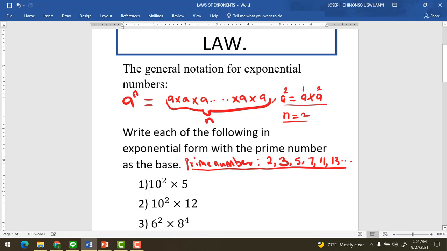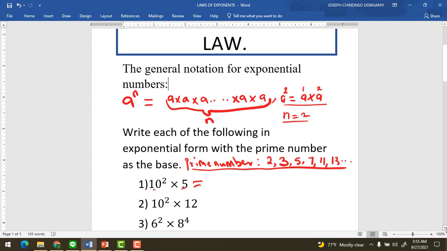The next thing we shall do is write each of the following numbers in exponential form with prime numbers as the base. For expression 1, we write it as an exponential number with all its bases as prime numbers. 5 is a prime number. 10 is not a prime number.